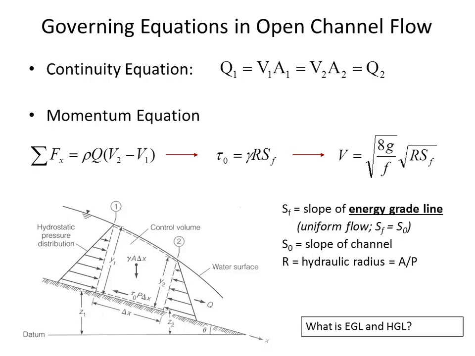So EGL is velocity head plus depth plus elevation above a datum. HGL is just the depth plus elevation above the datum. So compared to the pipe flow, this is open channel.